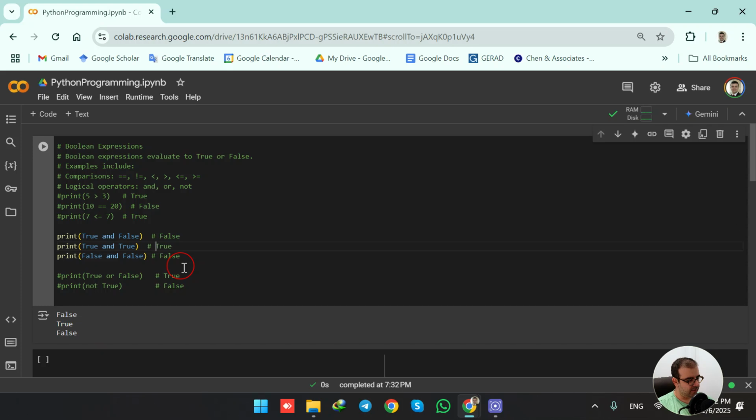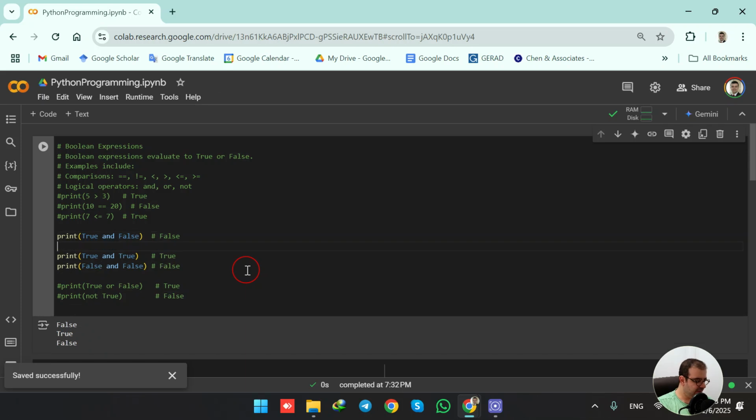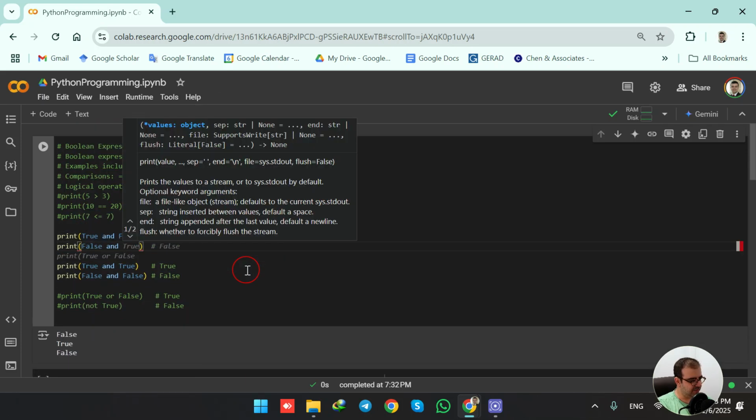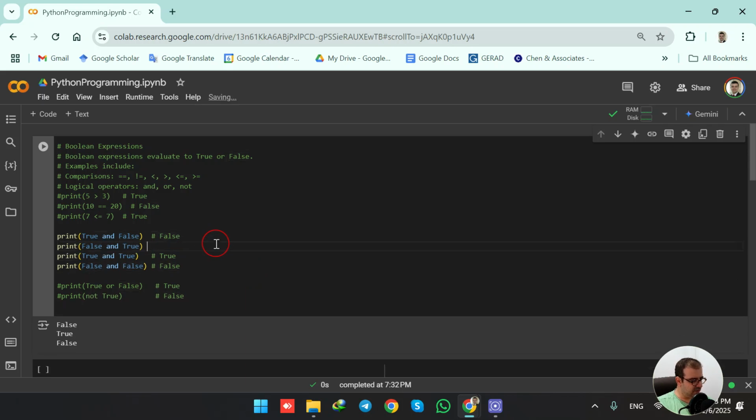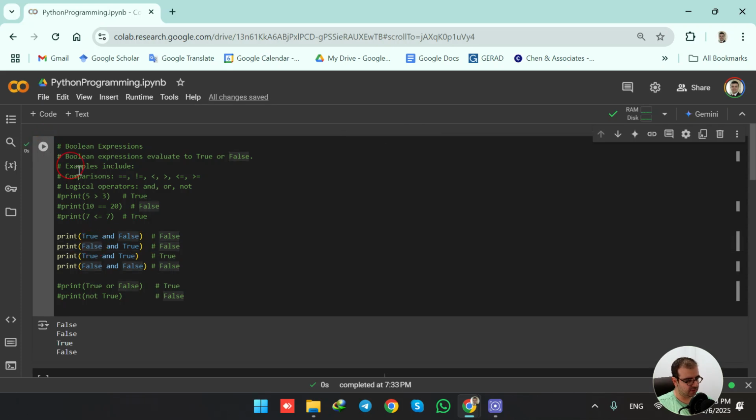Okay? So this is how the AND logical operator is going to work. And even if the false is first and then we are having the true, here the output is again false because we are still having one false here. Okay, so let me run.